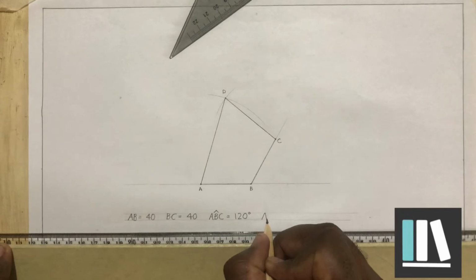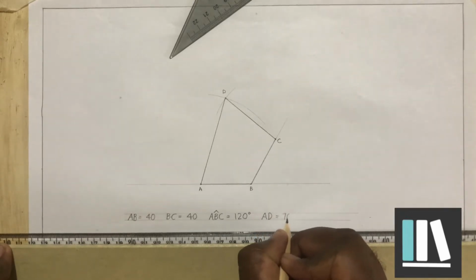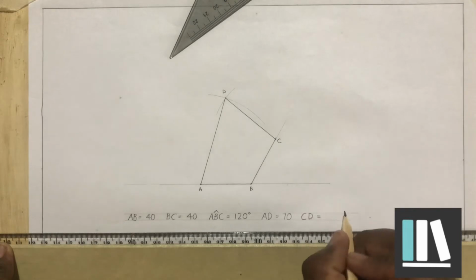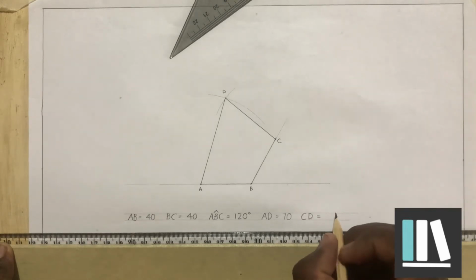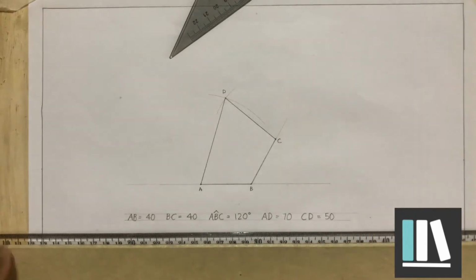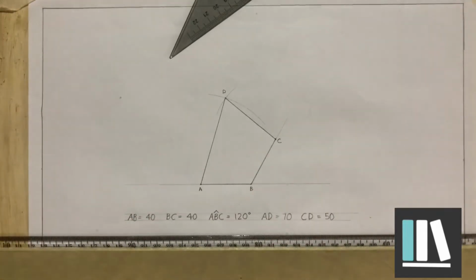AD is 70 millimeters, and CD is equal to 50 millimeters. So those are the measurements to construct this irregular quadrilateral.